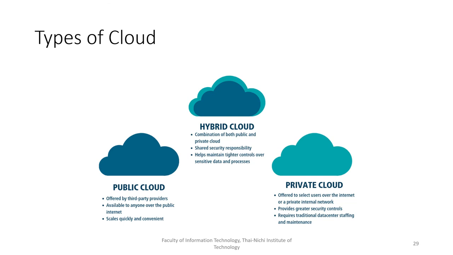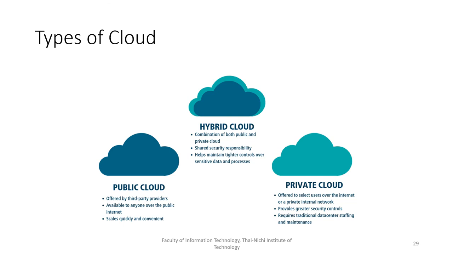It is available for anyone over the public internet, and it scales quickly, and it is very convenient. In the private cloud, it is offered for selected users over the internet within a private internal network as well. It provides greater security controls because it is not much exposed to many people or hackers or any kind of attacks. So it obviously gives more security.